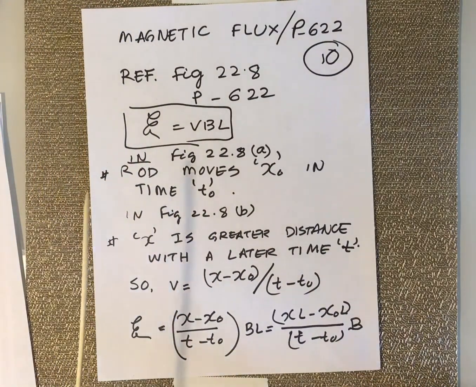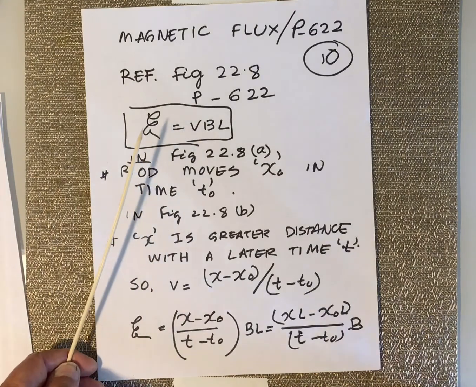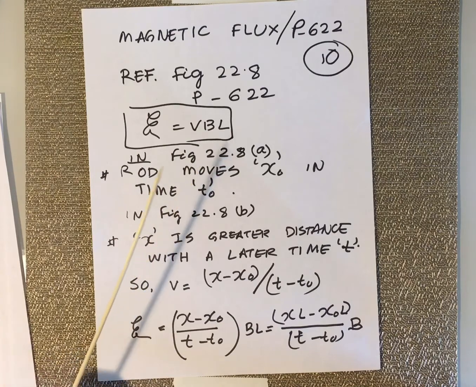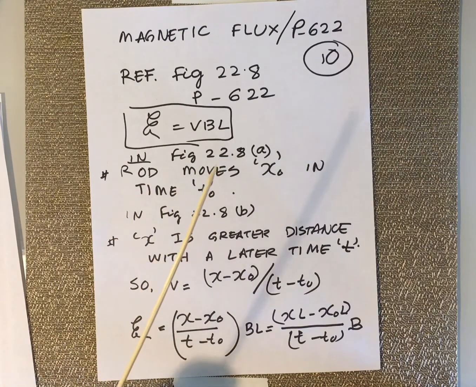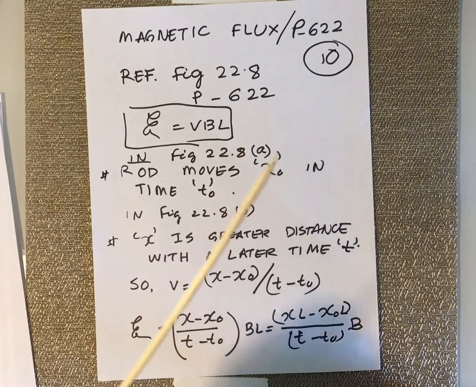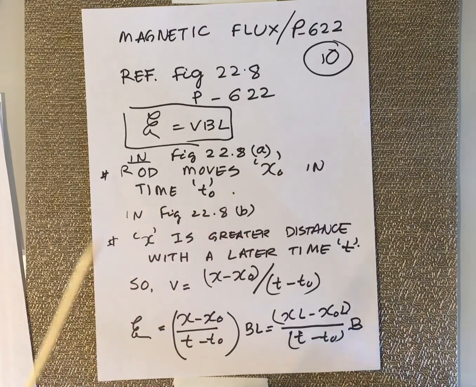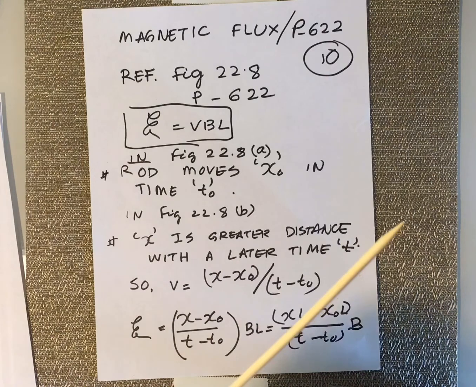Okay, now the induced EMF is equal to B times L times v. In figure 22.8, as well as 22b, you have A and B both. The rod is at x0 when time is t0. In figure 22b, x is greater in distance when time is t.